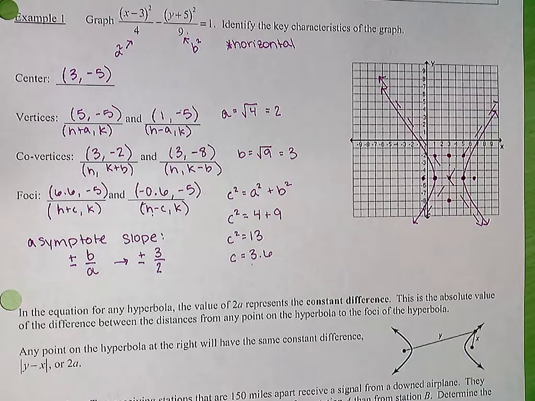Okay, so when you're graphing these, you do need the slope of that asymptote so that you know the general direction of your hyperbola. Okay, so your lines will get closer and closer, but they'll never cross those. Okay, any questions on my graph?